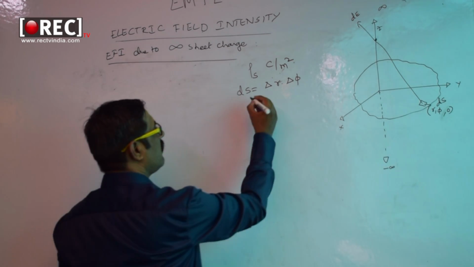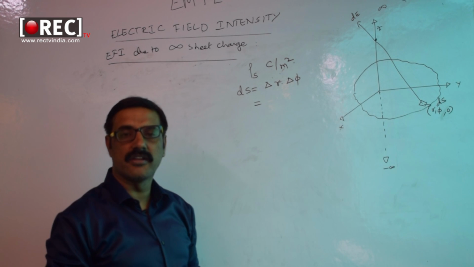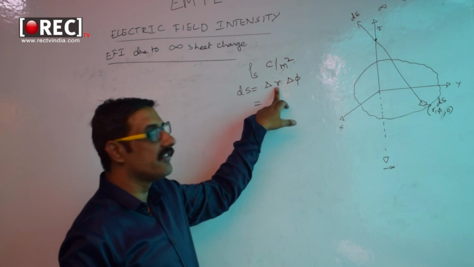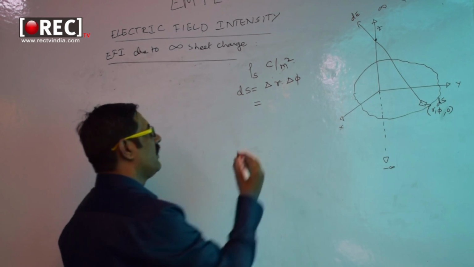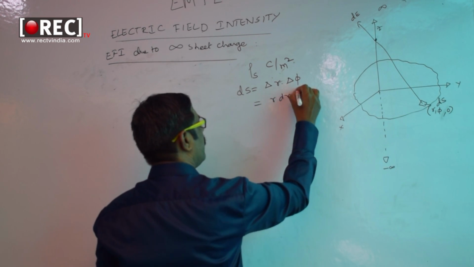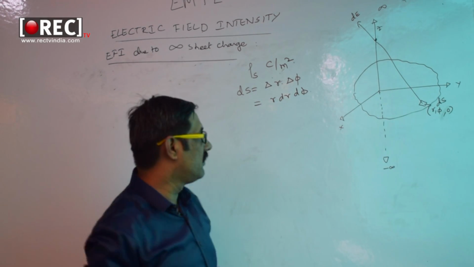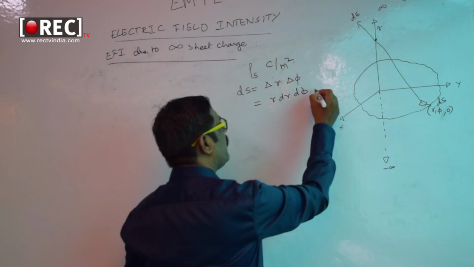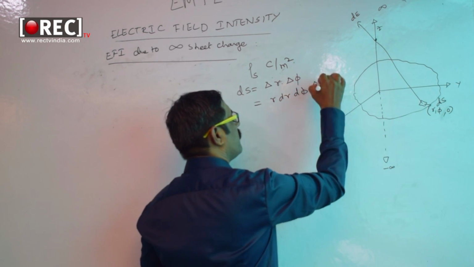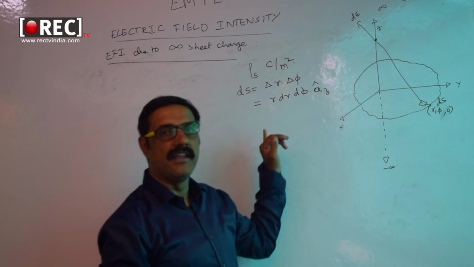If you recall from the concept of cylindrical coordinate systems, delta r is dr and delta phi is r into d phi. So in toto it is r dr d phi. Of course, since the area has a unit vector, it is lying perpendicular to the z axis, so into az cap would be the area element ds.